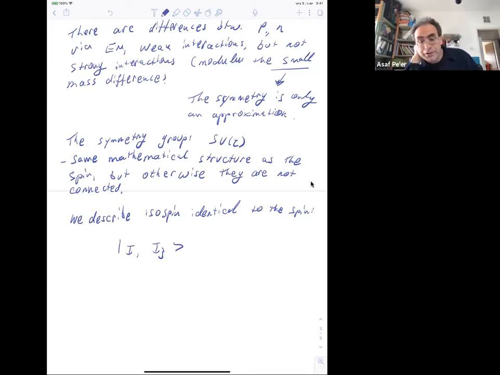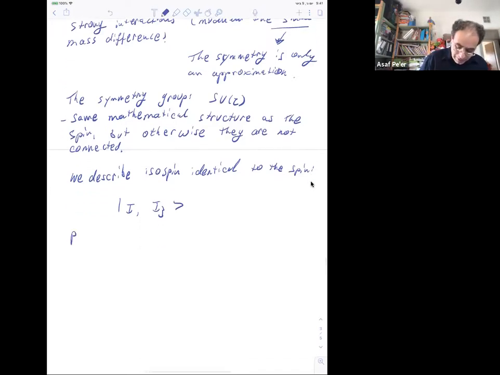So in this picture, the proton and the neutron are two states of one particle, which we denote as the nucleon. So P and N are two states of the same particle.